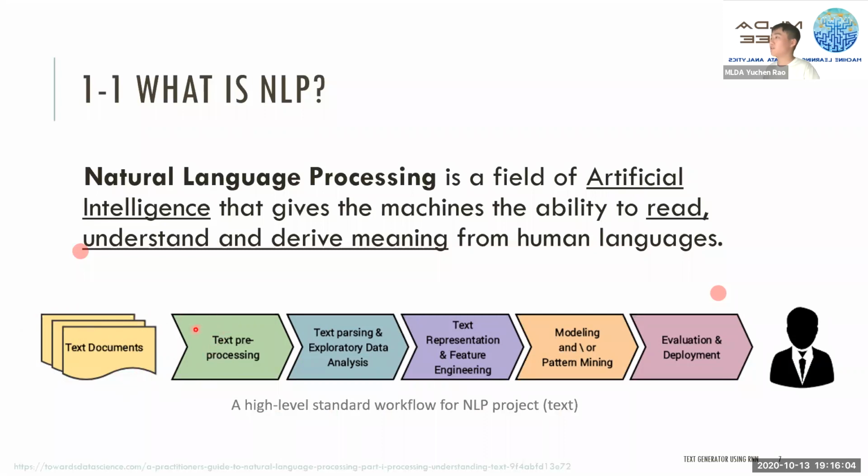Then we do some pre-processing, for example tokenization, deleting some symbols and stop words. We analyze the text that we are using to train and extract some features, as well as train our model. After that, we evaluate and summarize it, and then we optimize our model.